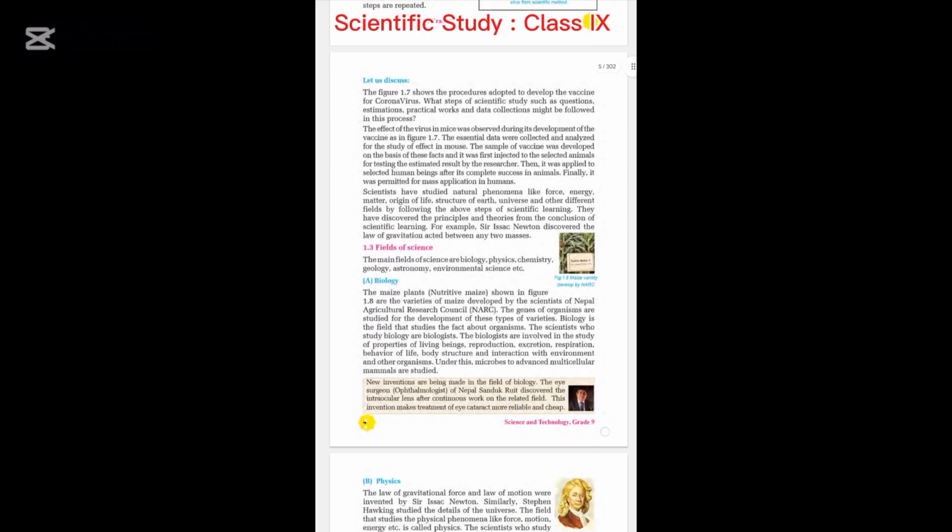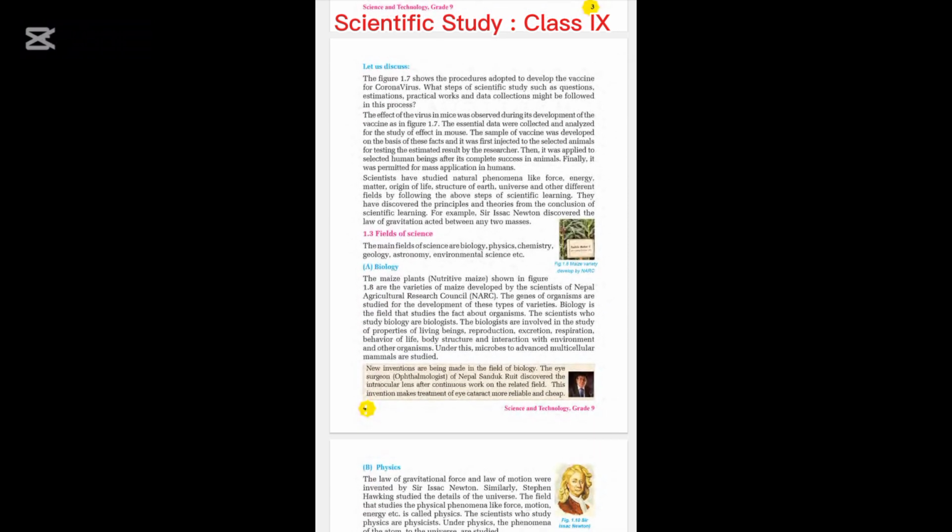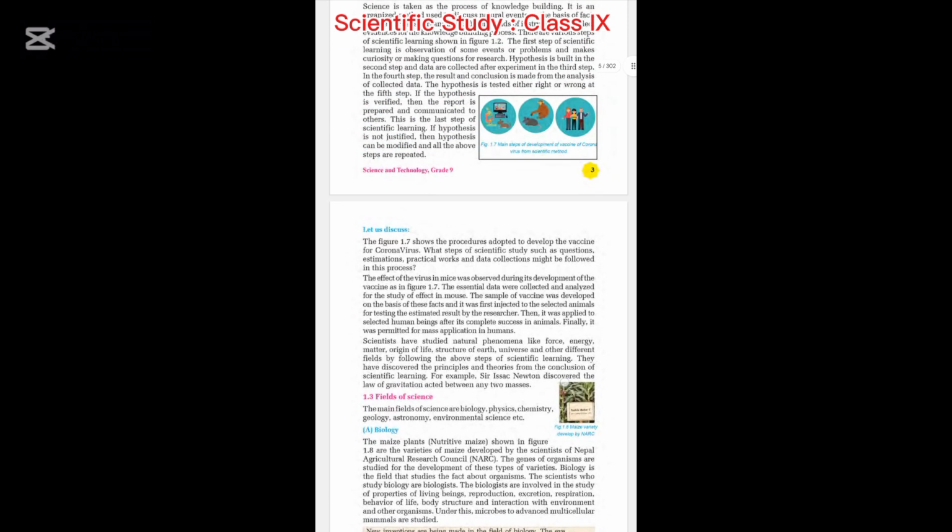So let us discuss. We have given a case study. Figure 1.7 shows the procedure adopted to develop the vaccine for coronavirus. What steps of scientific study such as questioning, estimation, practical works, and data collection might be followed in this process? The effect of the vaccine in mice was observed during the development of the vaccine as in figure 1.7.